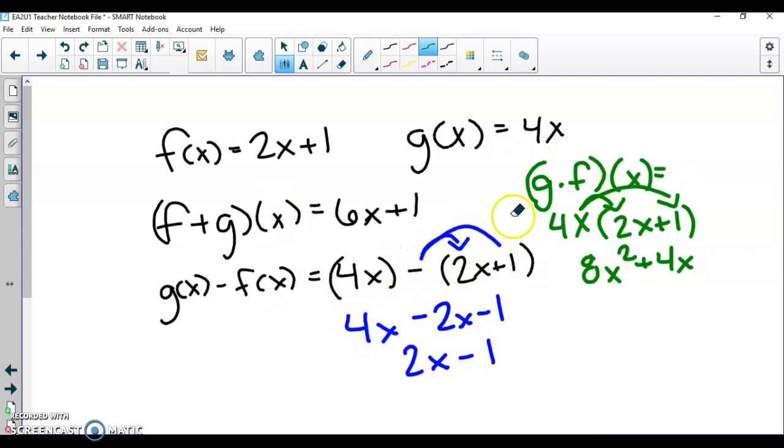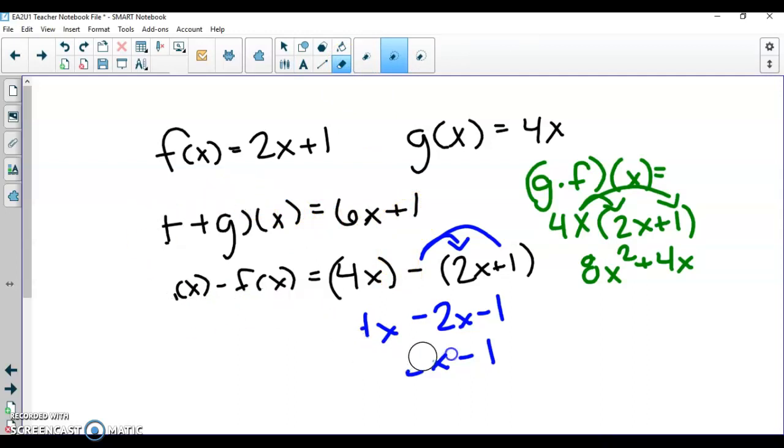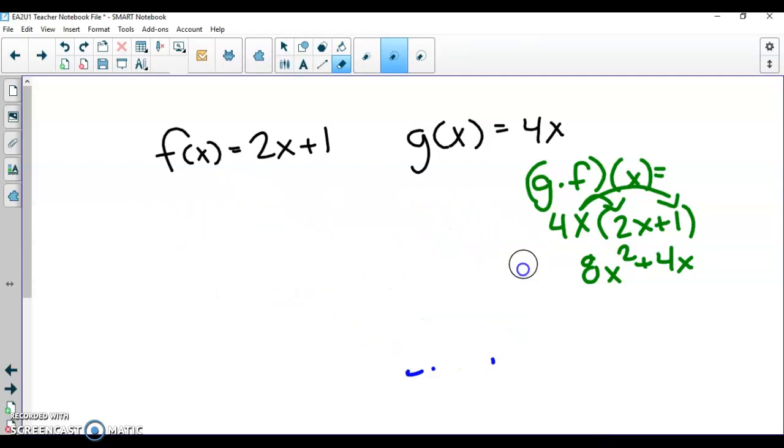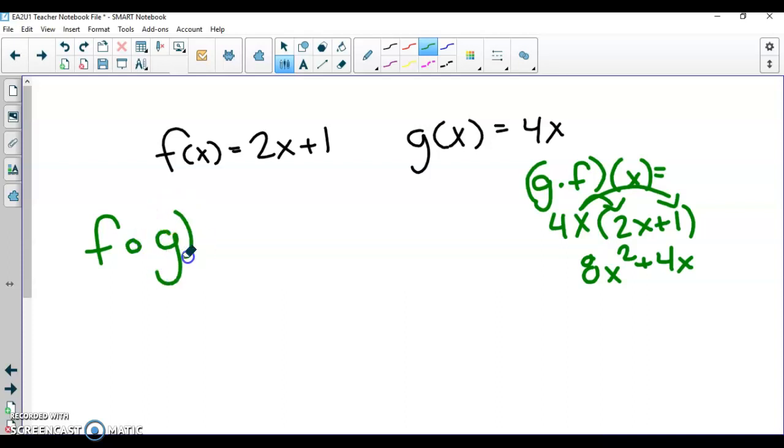What we are going to learn how to do today is a composition. You do not need to write this down right now. I simply want you to look at this and see what we're going to do. A composition looks something like this. Maybe we will have f composed with g of x. Remember earlier I said this filled in circle is multiplication.